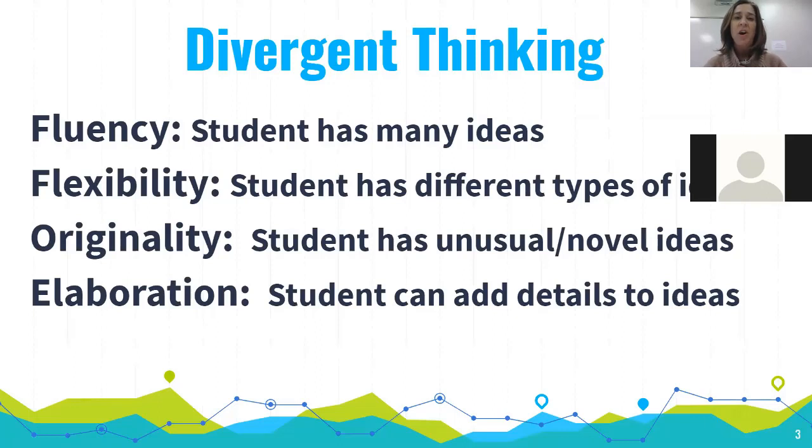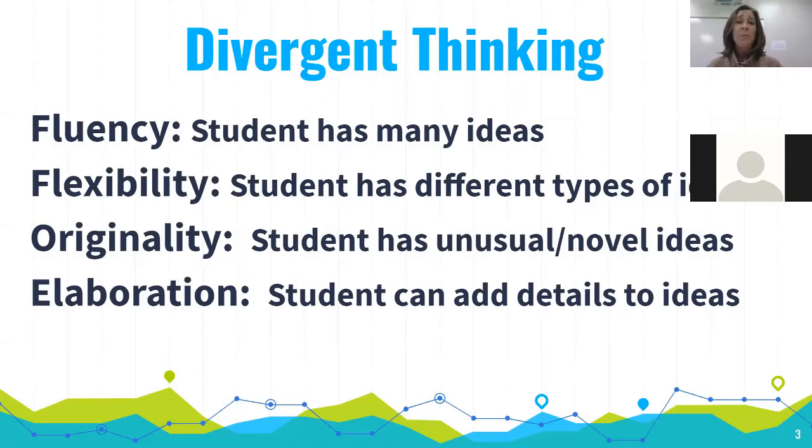Originality is probably the hardest one. It's novel ideas, brand new ideas that no one else has thought of. And in a world with so much happening so quickly, new ideas are becoming harder and harder for people to think about. So keep that one in mind. And elaboration is just what it sounds like. How well can they elaborate on their ideas?